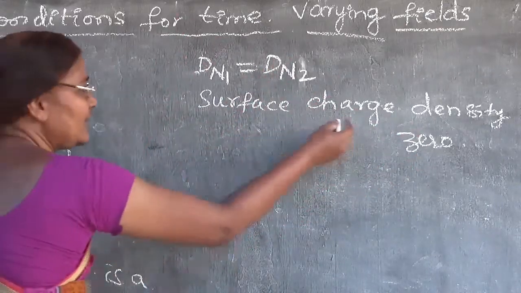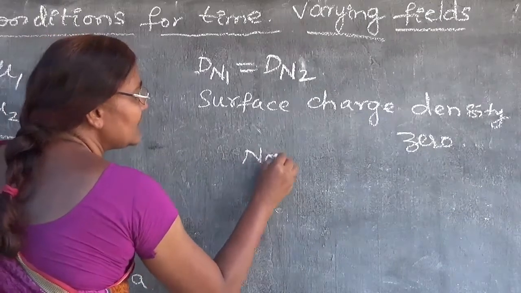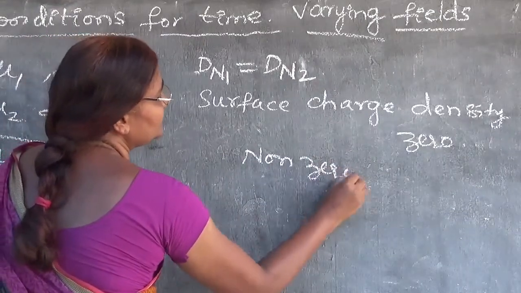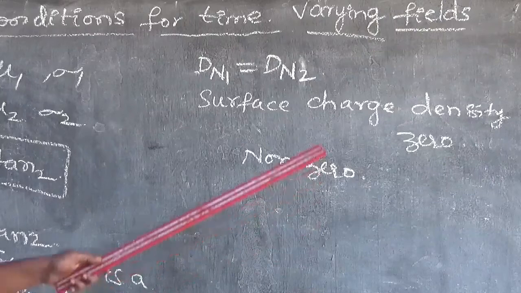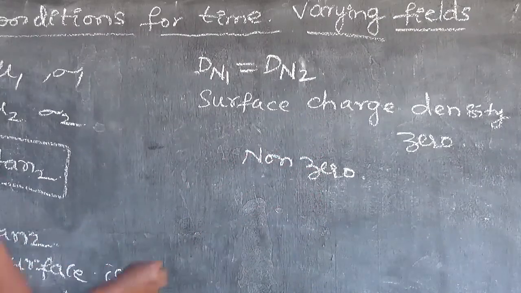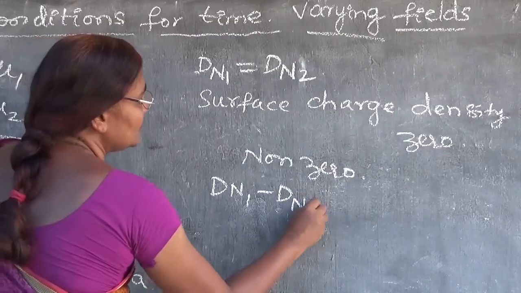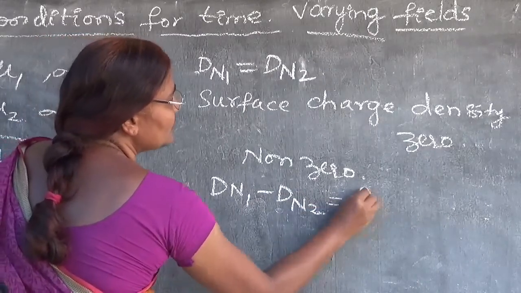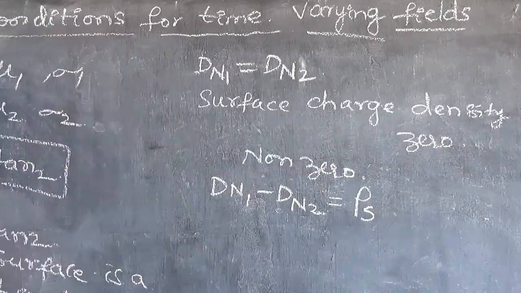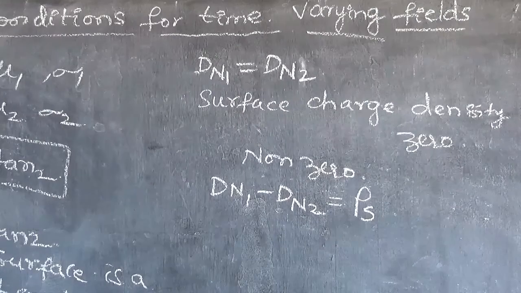If the surface charge density is non-zero, what will be the condition? If the surface charge density is non-zero, then Dn1 minus Dn2 will be equal to the surface charge density rho s.